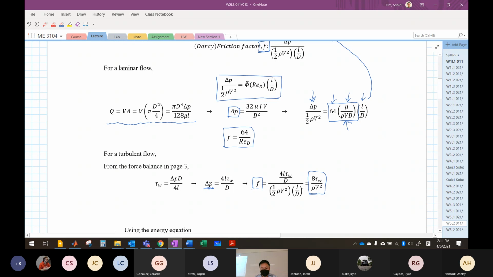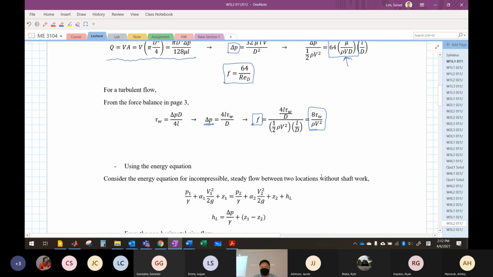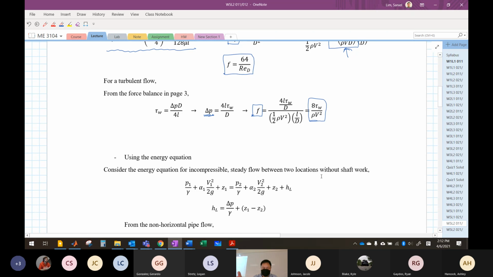Then you can find it, right? That way you can calculate the friction factor, and later for either the pressure drop or the wall shear stress, you can calculate it. Later you're going to find the loss coefficient from the lab, and those kinds of things. But it's pretty much a one-way calculation.